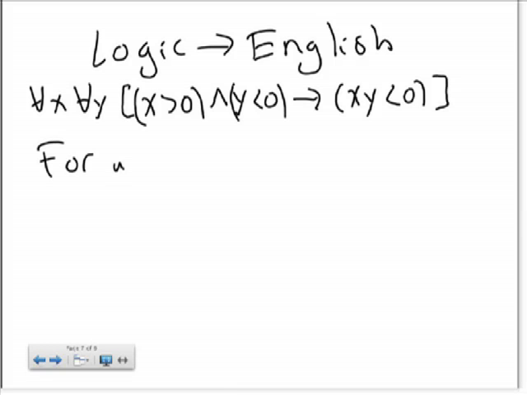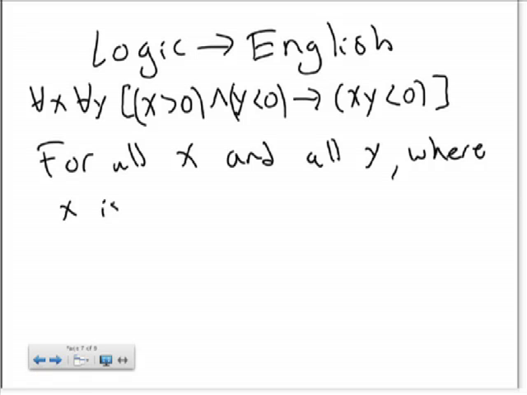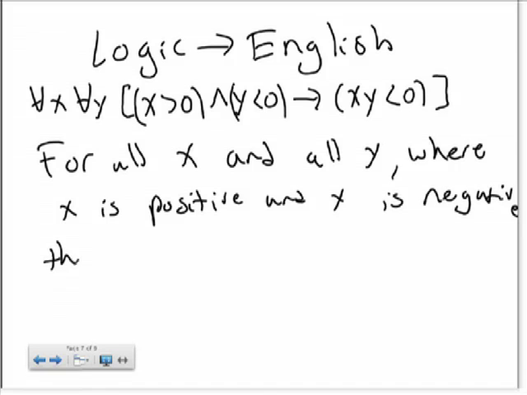For all x and all y, where x is positive and y is negative, then x times y is negative.